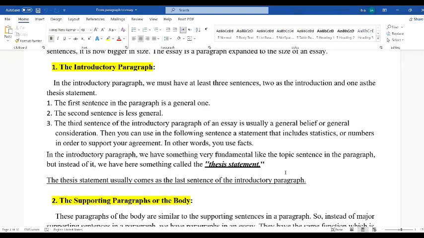But I remember last time, I think 2 weeks ago, I asked you to write a paragraph containing simple and compound sentences. So I had a quick look at your paragraph, and I found that you didn't have any compound sentences. You only have simple sentences. Okay.